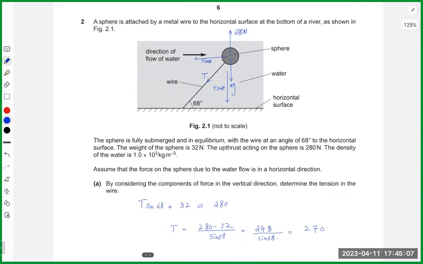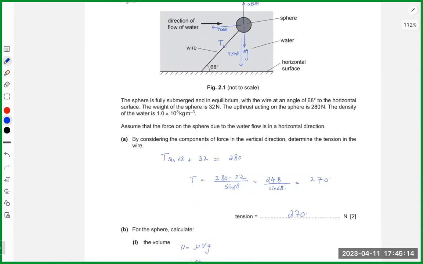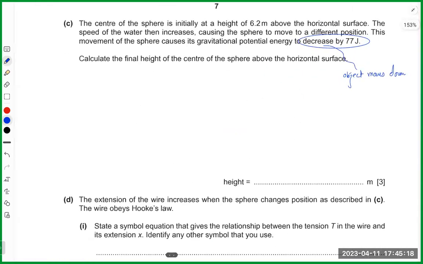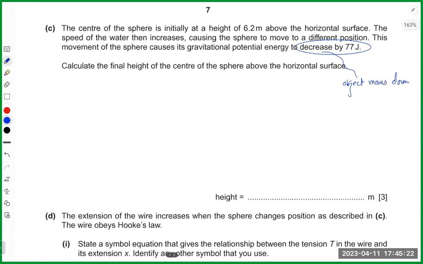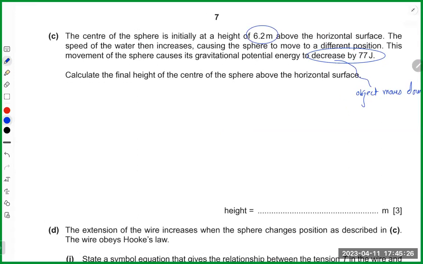Oh, this is what I was looking for. Initial height is given, 6.2.